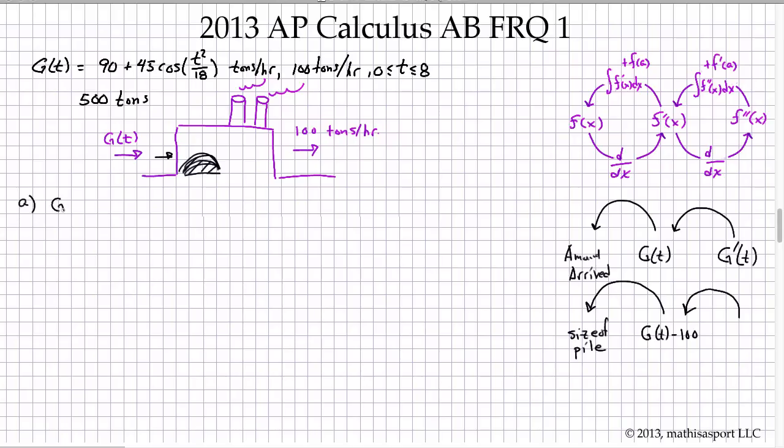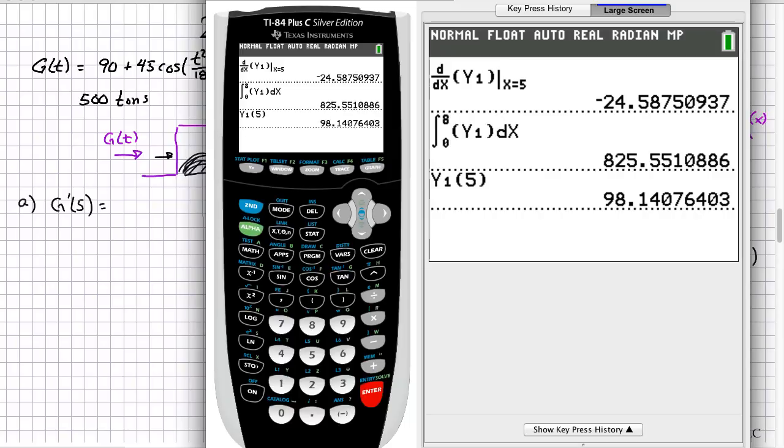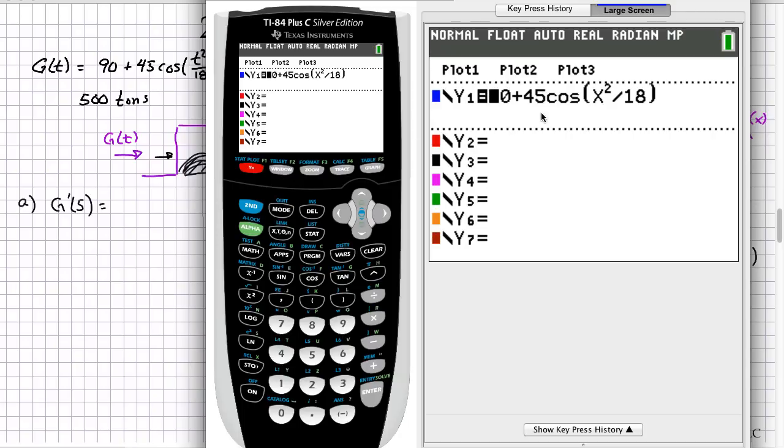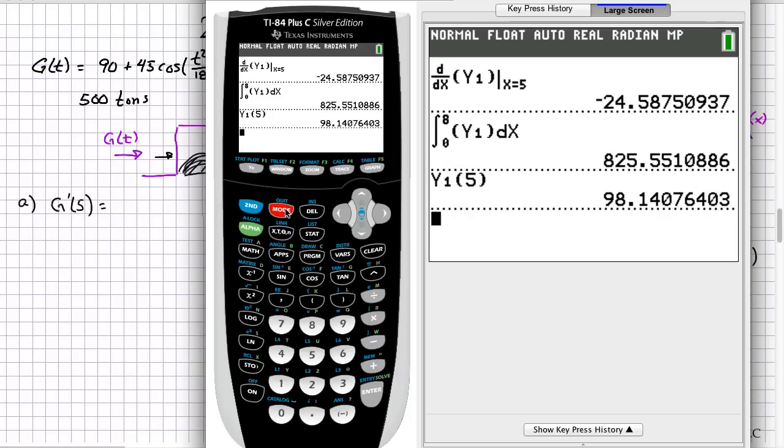A asks for g prime of 5. Well, first of all, this is a calculator problem, and so we've already entered in all the various things that we're going to need. So we've put in y1 as the g of t, and then done the calculations that are required in this problem.